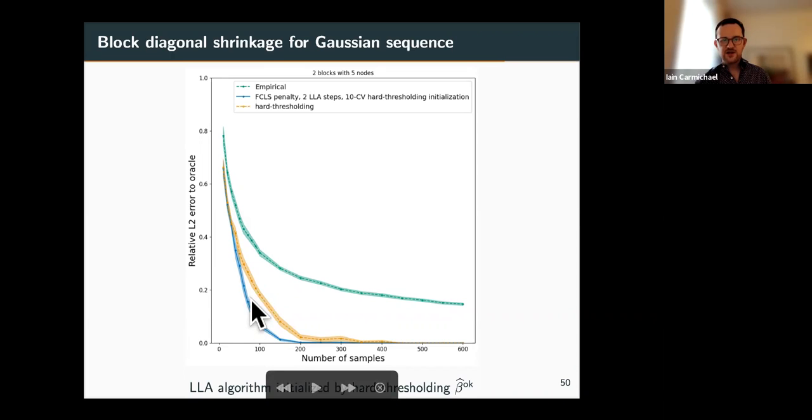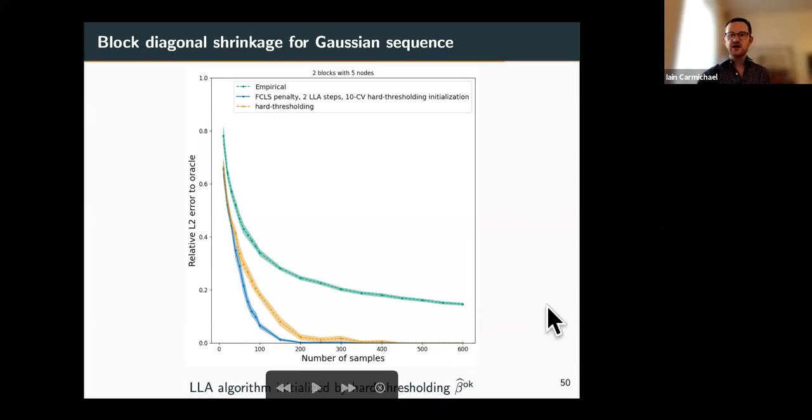The thing to look at is this blue curve, which is the result of the Laplacian spectral penalty, and we can see it does the best. The yellow curve is the hard thresholding operator, which would be the natural competitor for this problem, and the green curve is just the empirical mean.